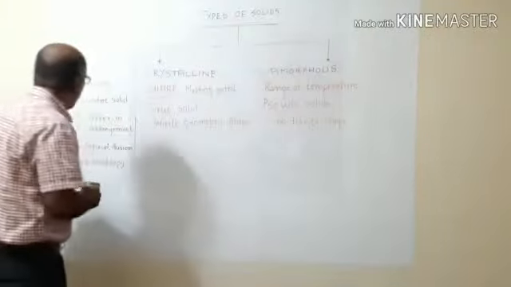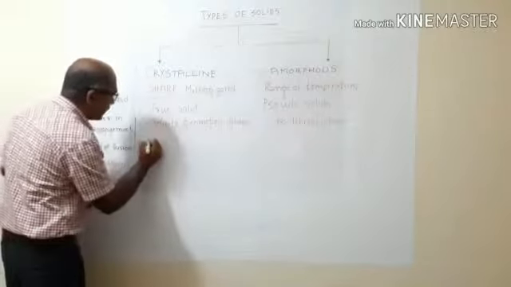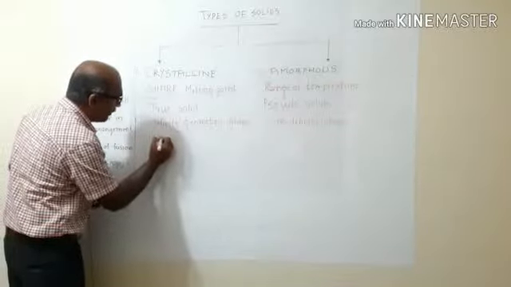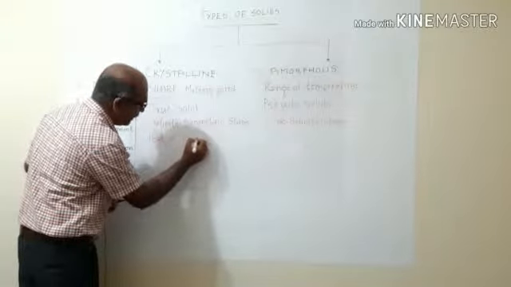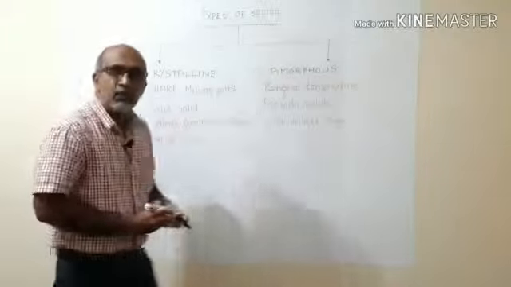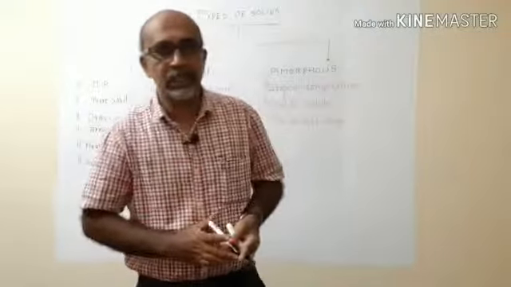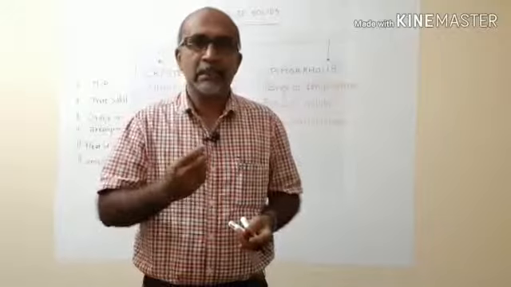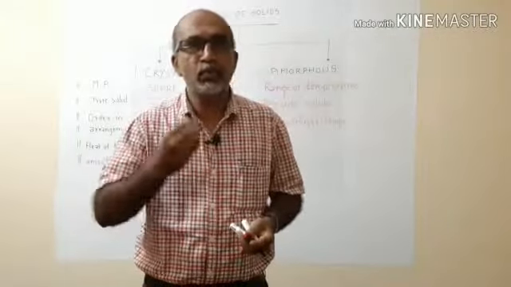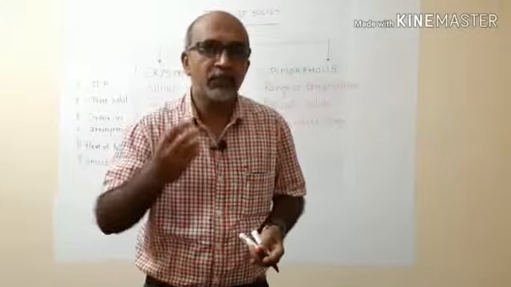The next very important character is the heat of fusion of both of these solids. What is heat of fusion? It is the energy needed to melt a unit mass of a solid.